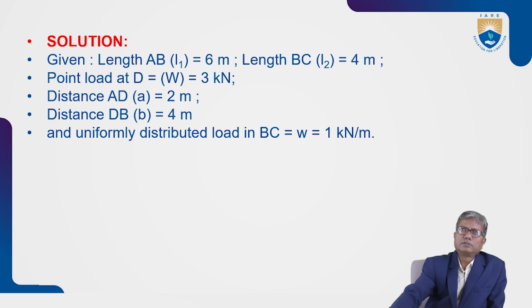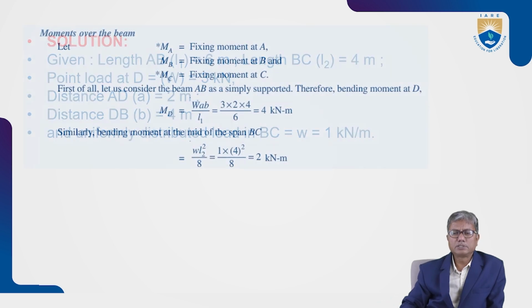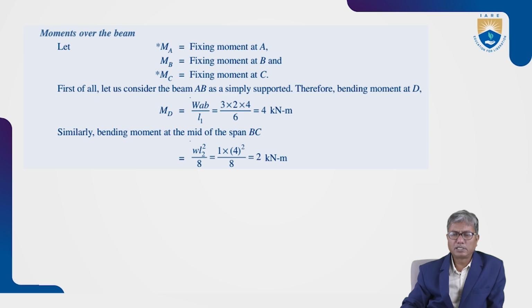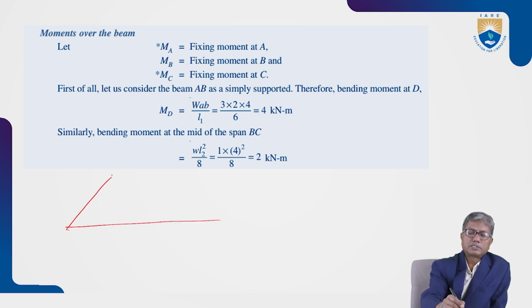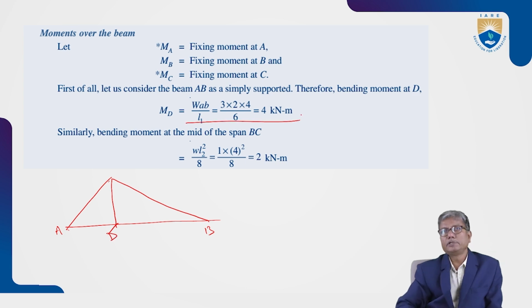With this data, first we will draw the simply supported bending moment diagrams over spans AB and BC. The bending moment at the point of application of load, that is point D, is WAB by L1.